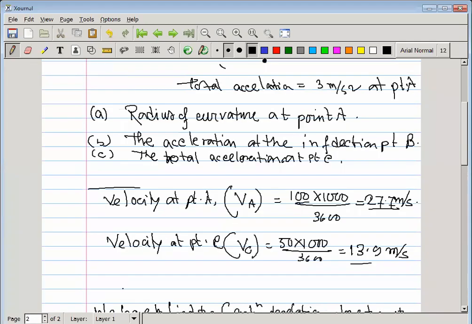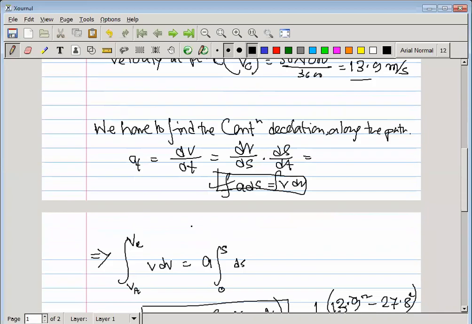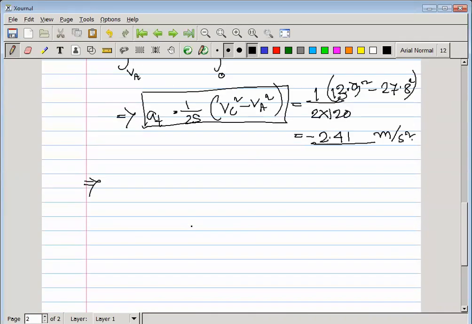the radius of curvature at point A, right? So if you want to find the radius of curvature at point A, in acceleration, the previous day we already told you there are two formulas for acceleration.